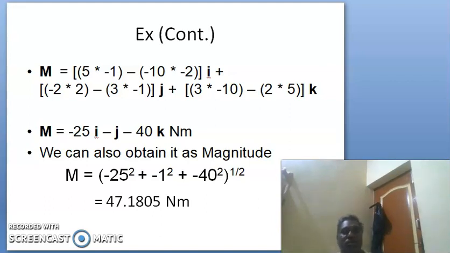Of course, as told earlier, we can also go for the direction in the form of direction cosines, which is not the purpose here. It is just understood that we obtain it with magnitude and direction in vector form, or we just obtain its magnitude as a single scalar value.